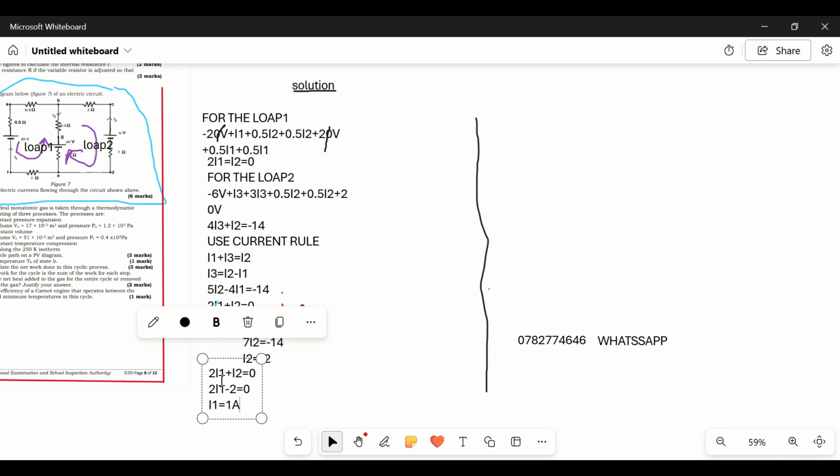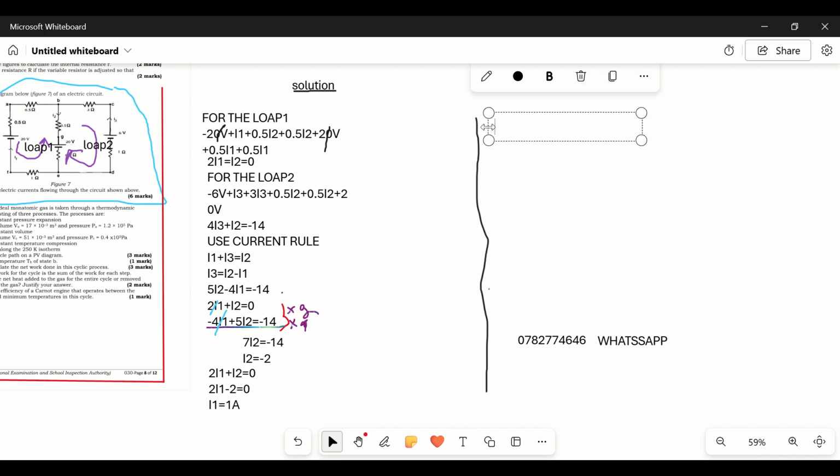So we can go to the other side, using the current rule, to find I3, which is equal to I2 minus I1.